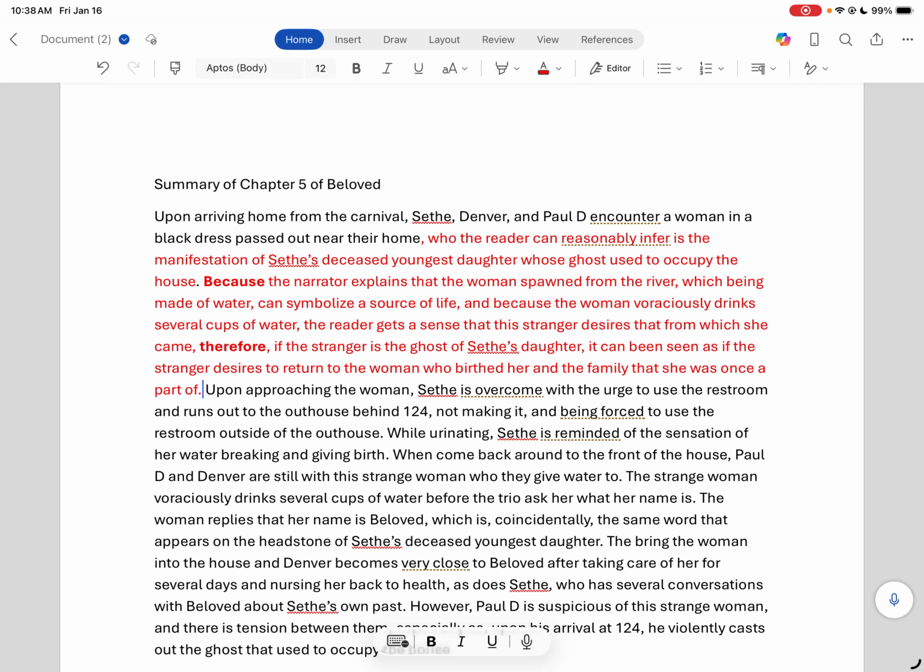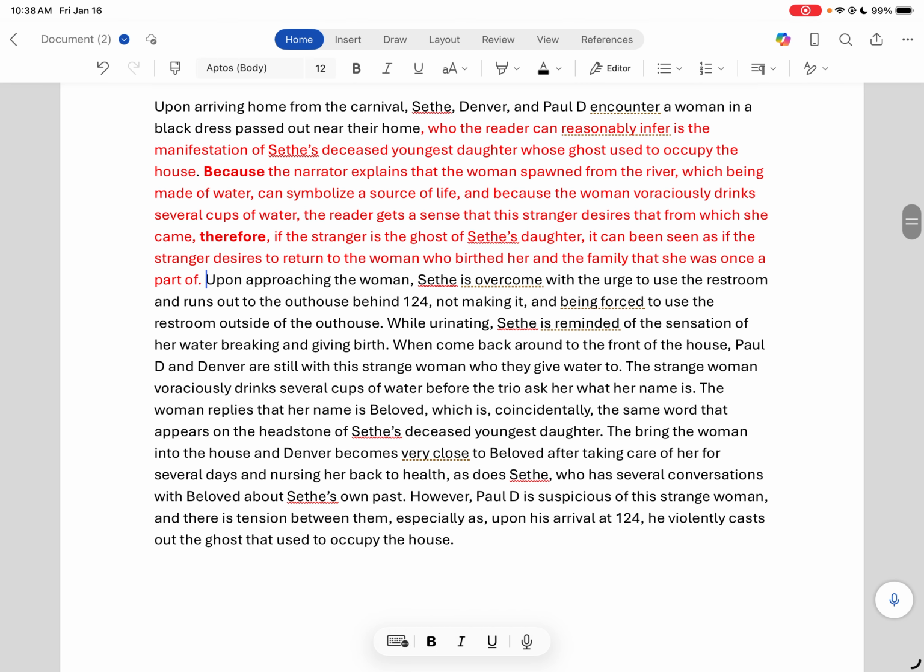Okay, so now I have this other piece about Sethe having to use the restroom, which I think is kind of further evidence of who this person is, who this stranger is. So I'm still going to be in red.